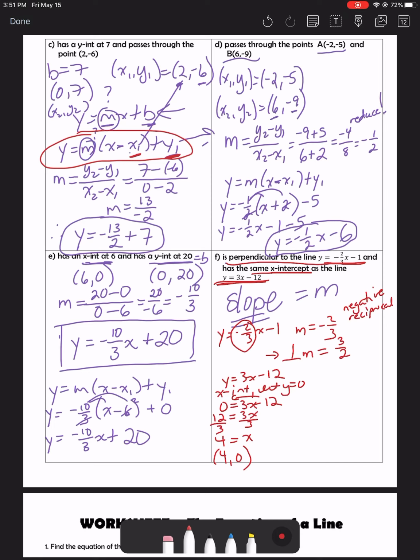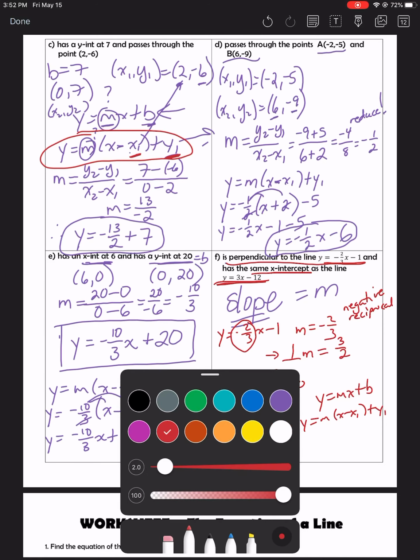So now I'm going to ask you the next question. Which form of the equation do we get to use? y equals mx plus b, or y equals m times (x minus x1) plus y1? Which one do we use here? We've got the slope. Okay, I'm going to use green.